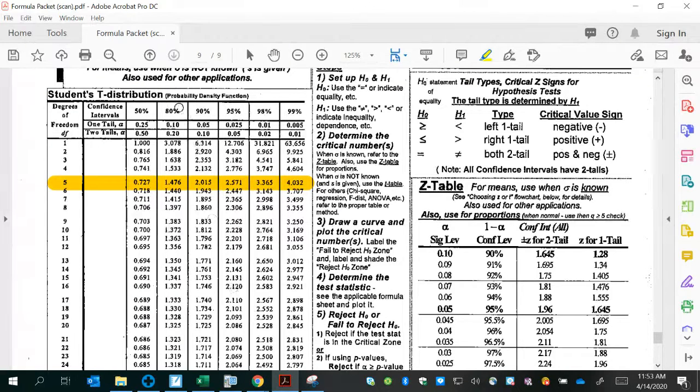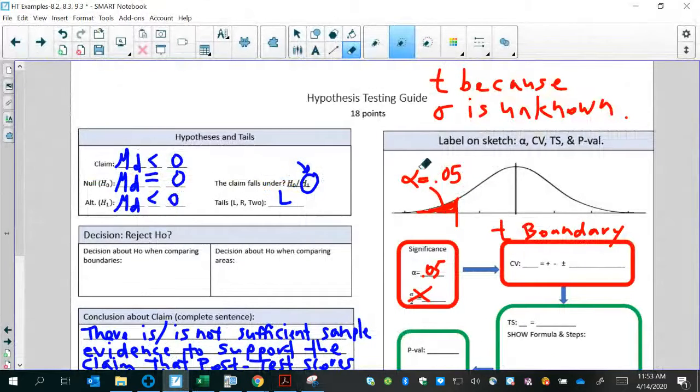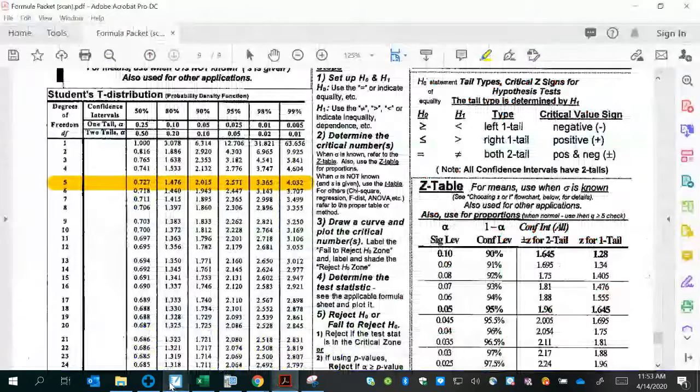And then we need to line it up with the correct column that represents the area in the tail of our sketch here. So our sketch has a single-tailed area of a total of 0.05. So in one tail, we have 0.05 area.